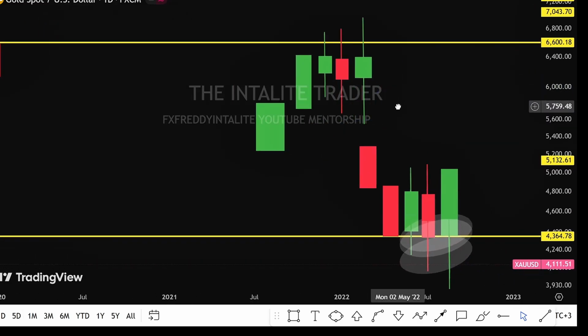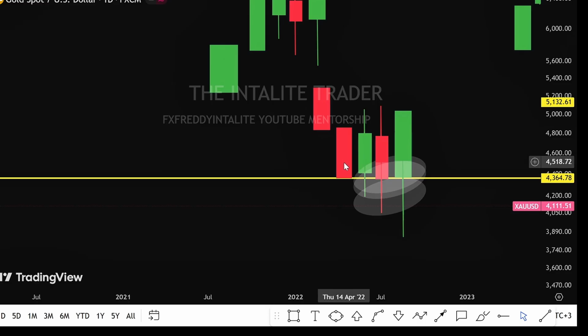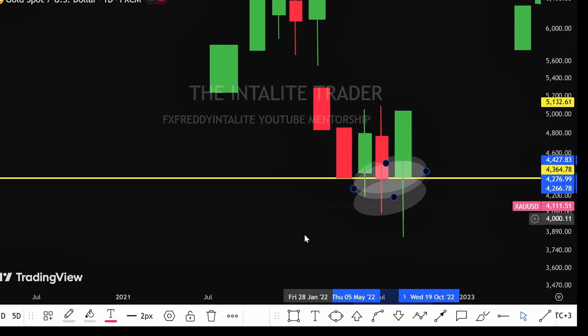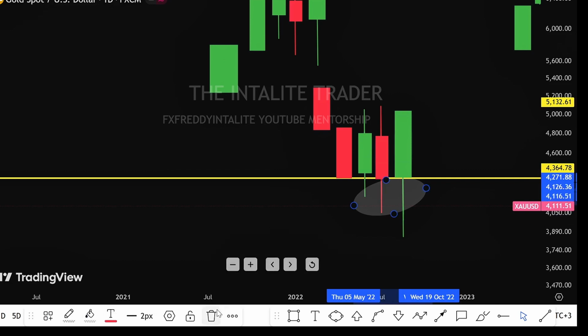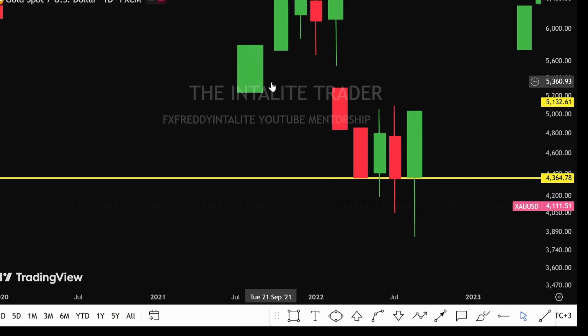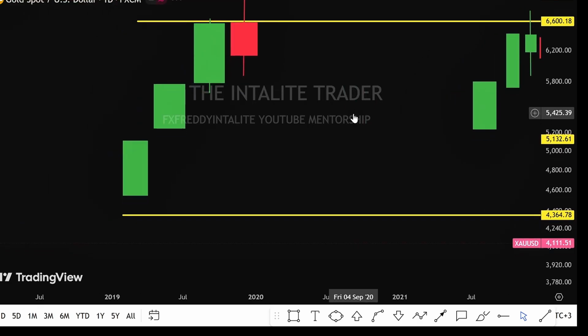If we go back to this, you had all green candles before you had a candle color change. You had all red candles before you had a candle color change. So this speaks to you as a trader, and it tells you that there is momentum loss in the market.